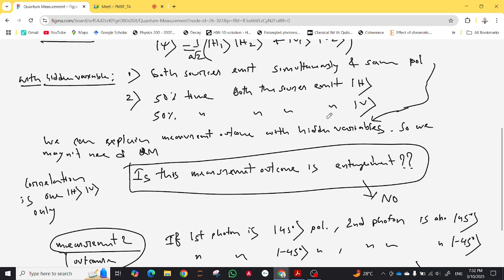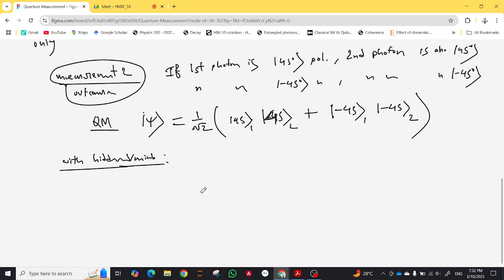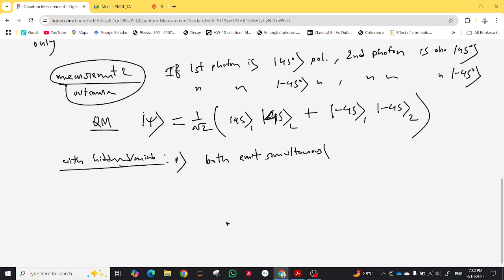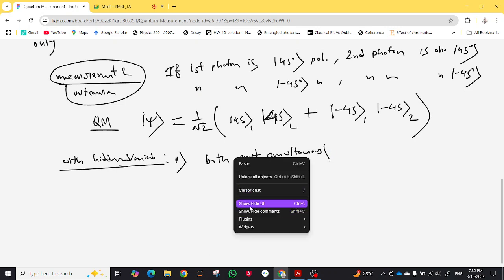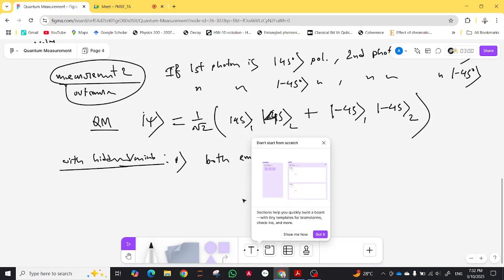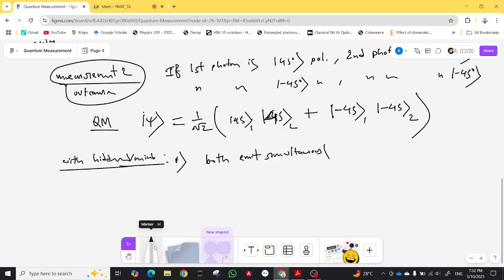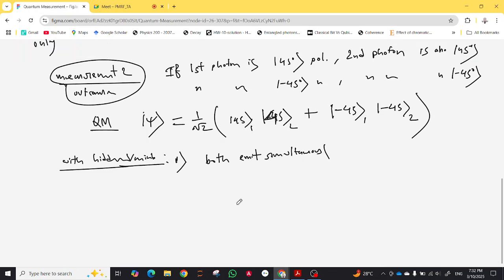Instead of H, you just put V. So the first hidden variable is the same: both emit simultaneously, with the same polarization.